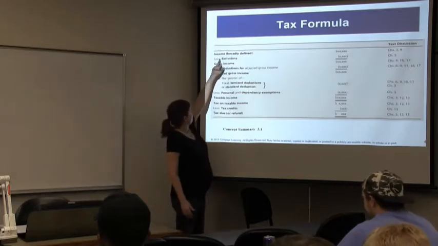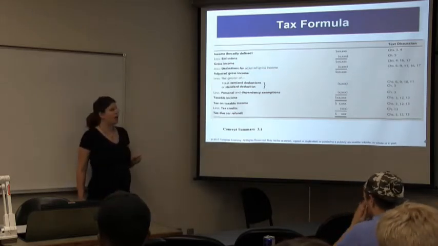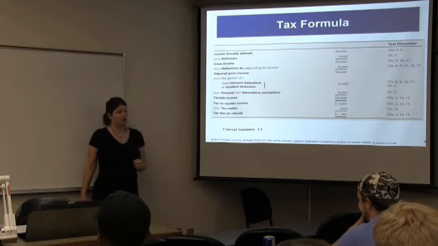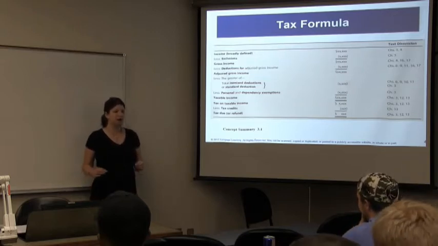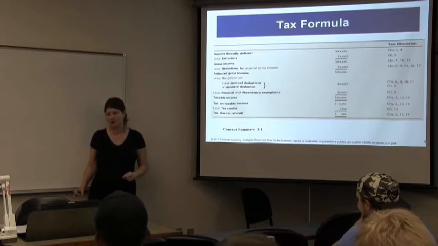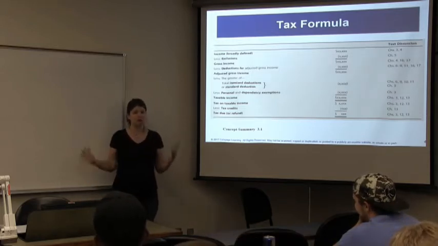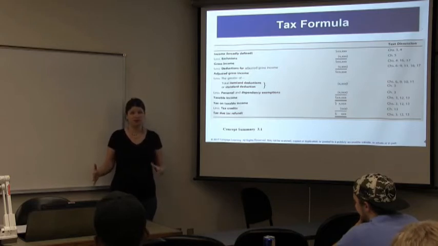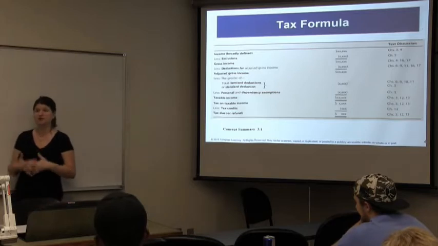We start out with our income, we take out our exclusions. For the most part, there are a couple exceptions, but for the most part, exclusions do not appear anywhere on a tax return. So that's important to know. We'll spend a whole chapter discussing exclusions from income. If something is an exclusion from income, that means it is not income.